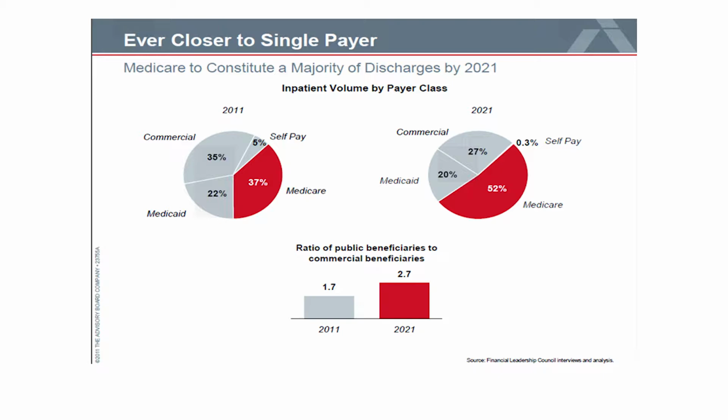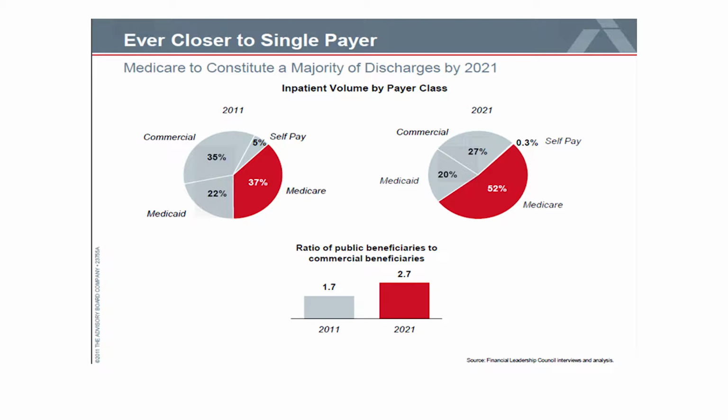So you look at the volume by payer class from 2011 to the projections for the country in 2021, 35% commercial down to 27%. So an 8% reduction in commercial payers is projected over a 10-year period, with Medicaid staying pretty stable, just a 2% decrease, self-pay going from 5% to 0.3%, and then a vast majority of patients being covered through Medicare.